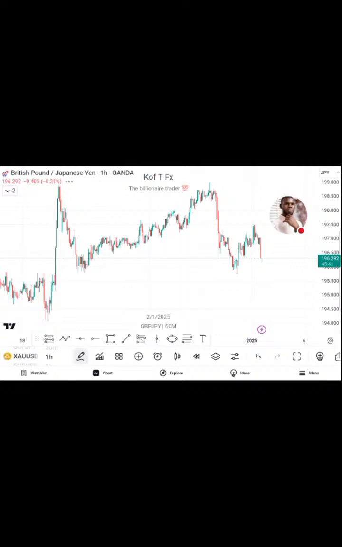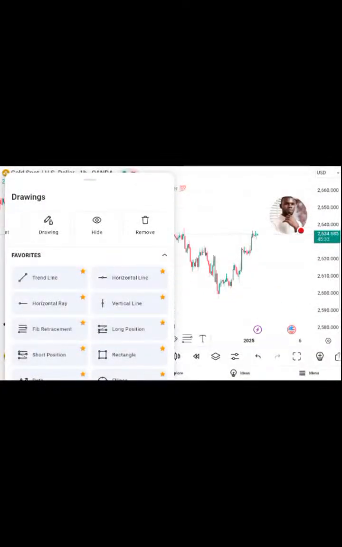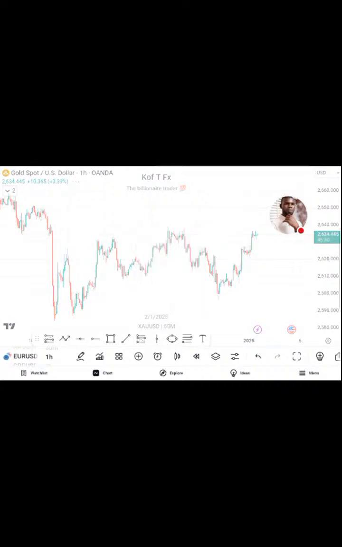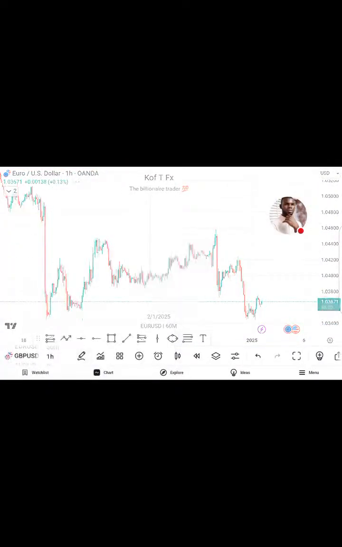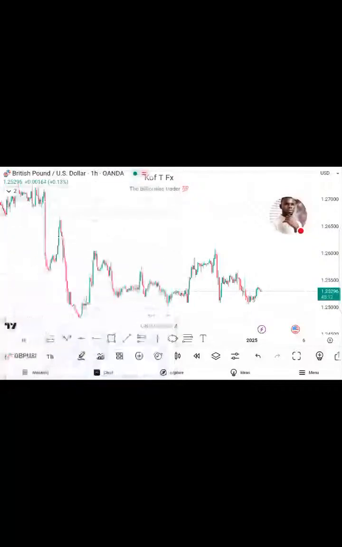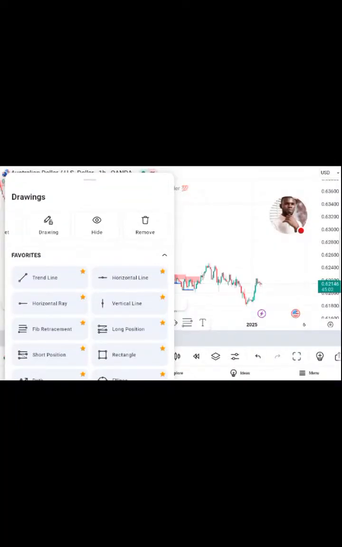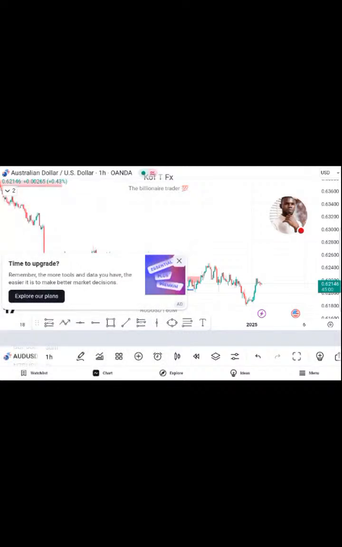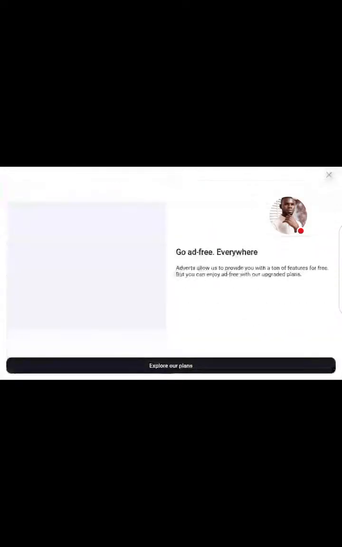So I'm going to clear all the charts, starting all over again. Trying to clear everything, trying to clear all the charts.